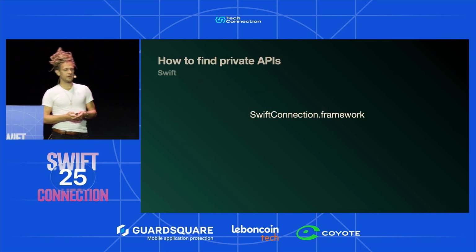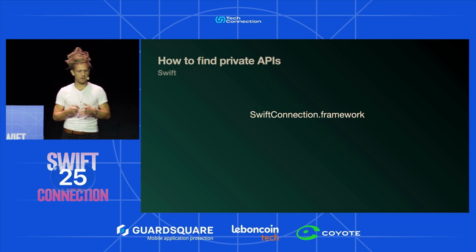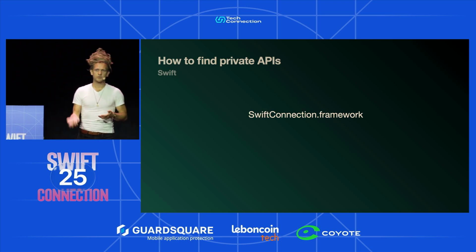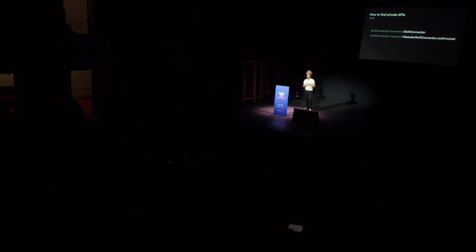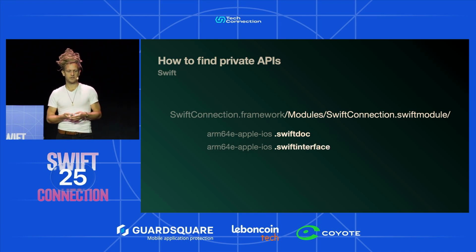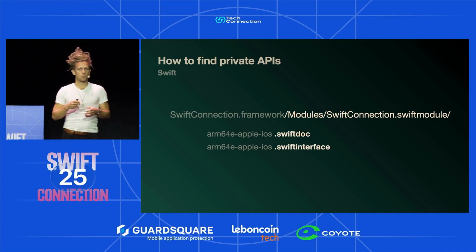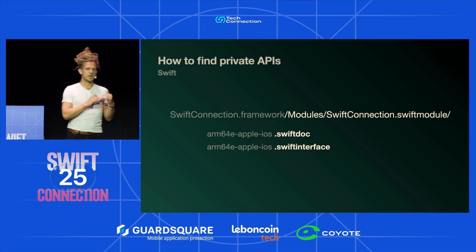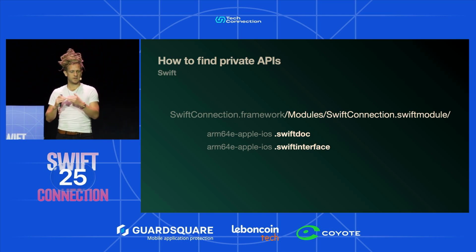So how do we find those private APIs in Swift? I took a framework of my own that I call SwiftConnection. And when you compile it, you obtain a binary and a Swift module, which itself contains at least a swiftdoc and a Swift interface file, which really just contains the declarations of the methods and the types.